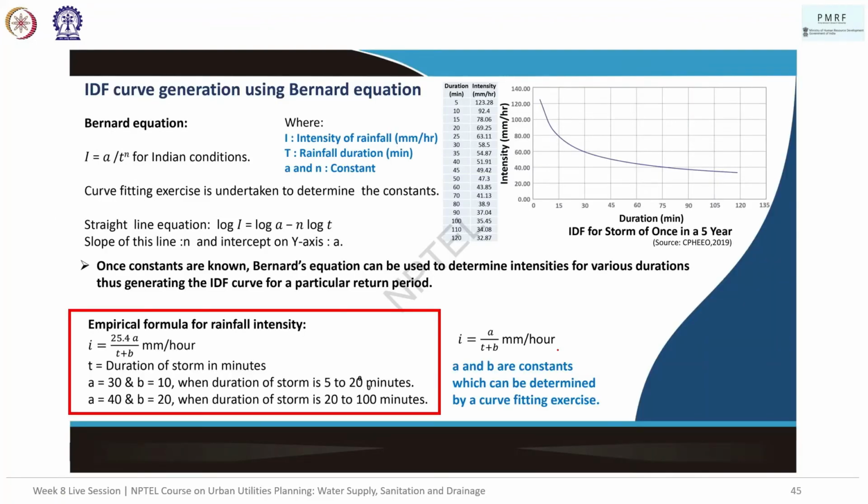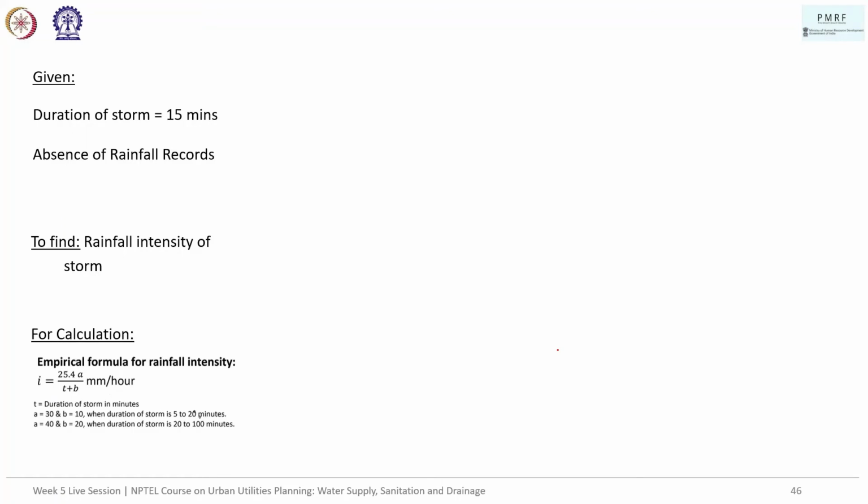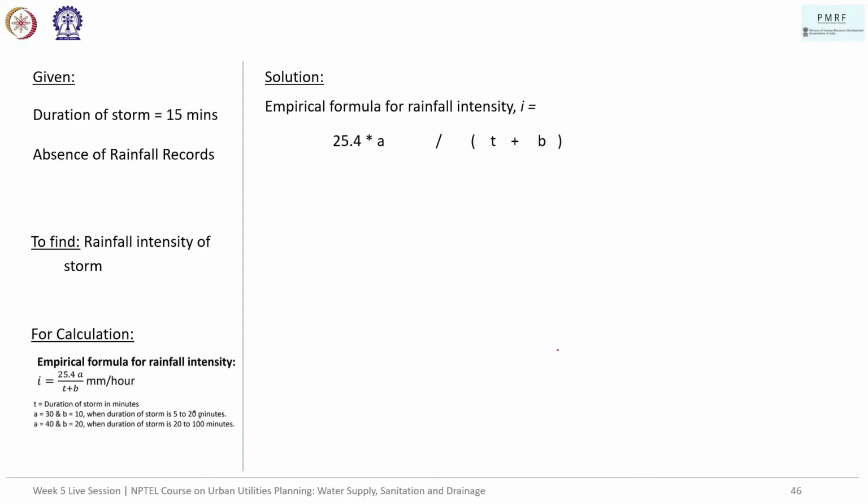We'll be using this empirical formula for rainfall intensity when we don't have availability of rainfall records. What is given is that the duration of the storm is 15 minutes, and there is an absence of rainfall records, and we need to find the rainfall intensity of the storm. So we'll be using the empirical formula, which is essentially 25.4 into A divided by T plus B.